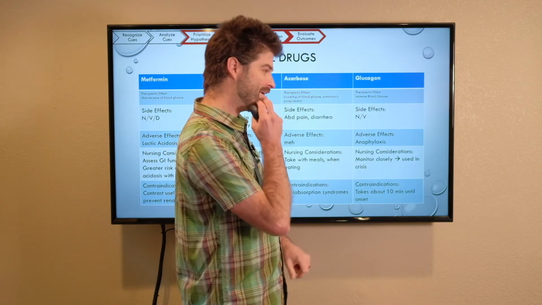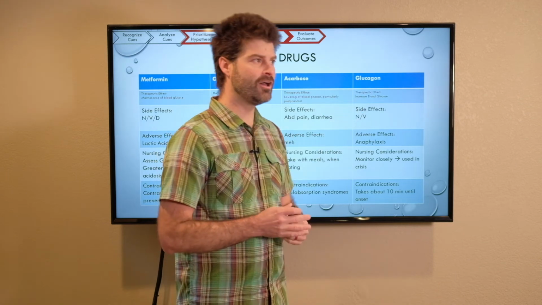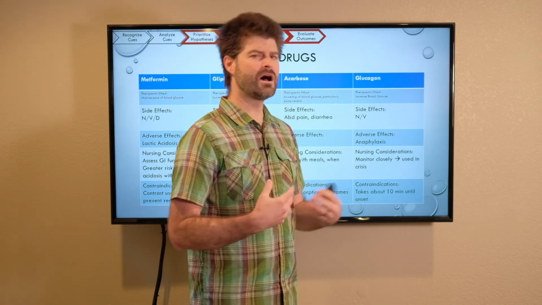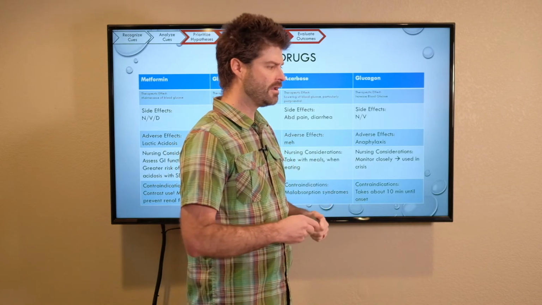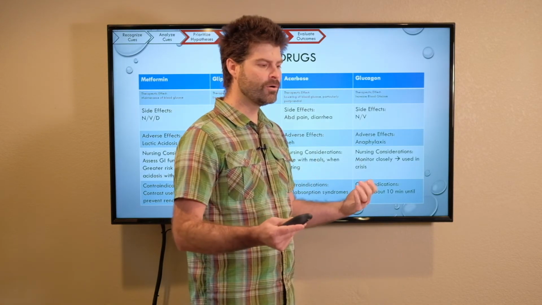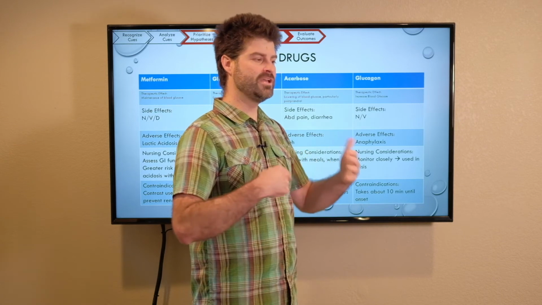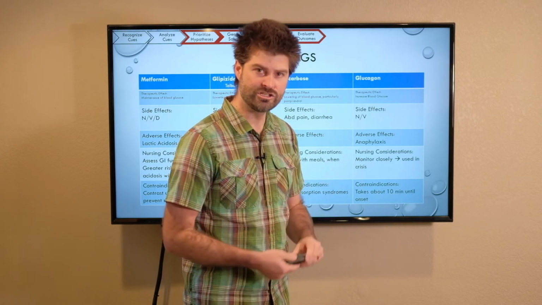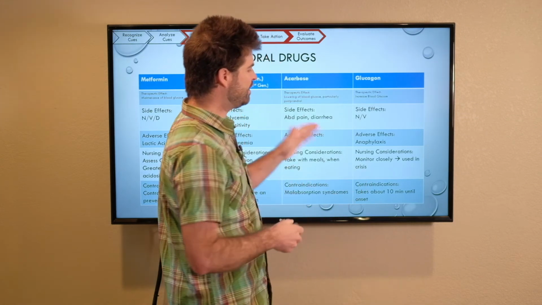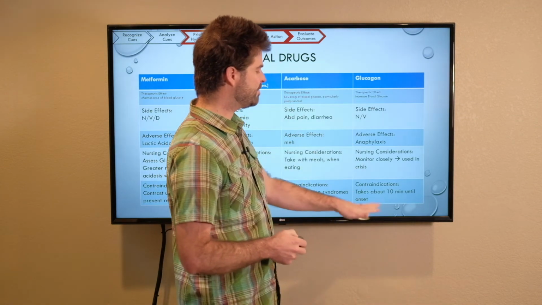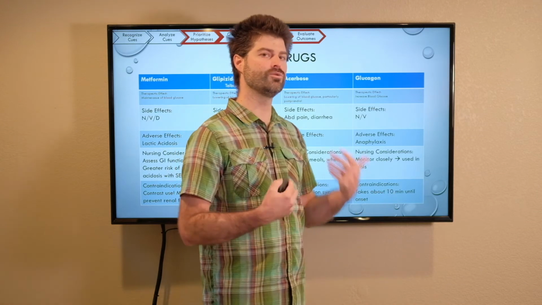Big thing here is when we think about giving glucagon, we really don't give this in hospital settings. It's much more common in outpatient settings, like nursing homes, places where patients live long-term, rehabilitation centers, places like that. And the key thing here is it takes about 10 minutes for this medication to work.